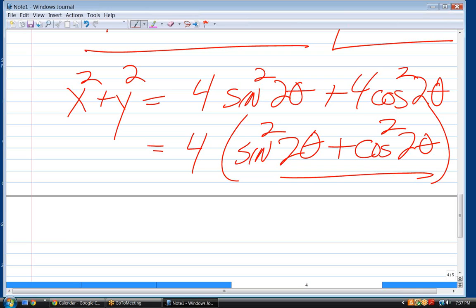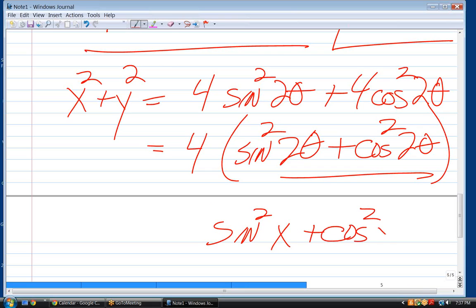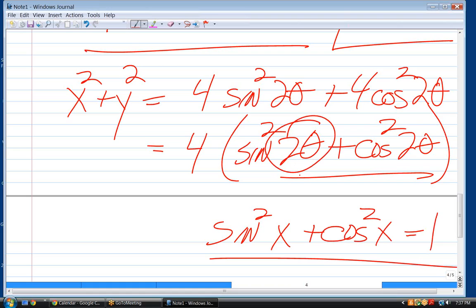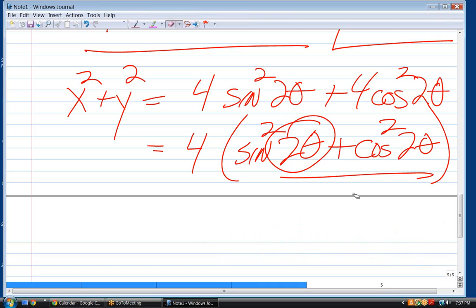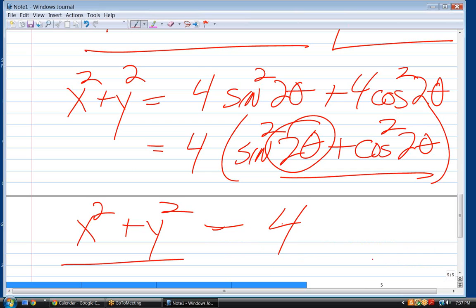Sine squared x plus cosine squared x is equal to 1. That is your standard trig identity. The fact that it's 2 theta does not matter. The sine squared of any angle plus the cosine squared of that same angle is always equal to 1. So now I can replace that whole thing with 1, and I have x squared plus y squared equals 4, which is the equation of a circle of radius 2 at the origin.